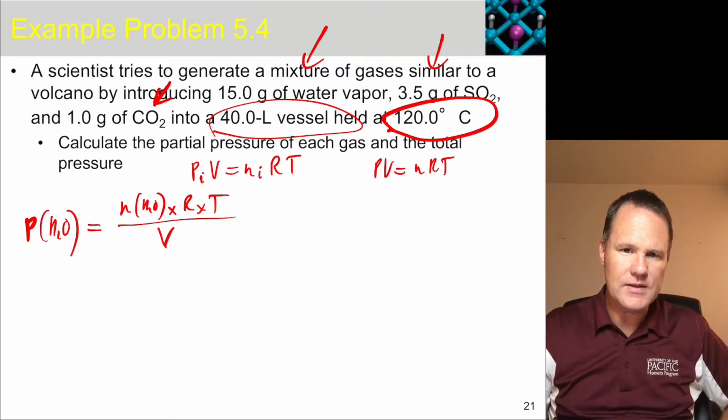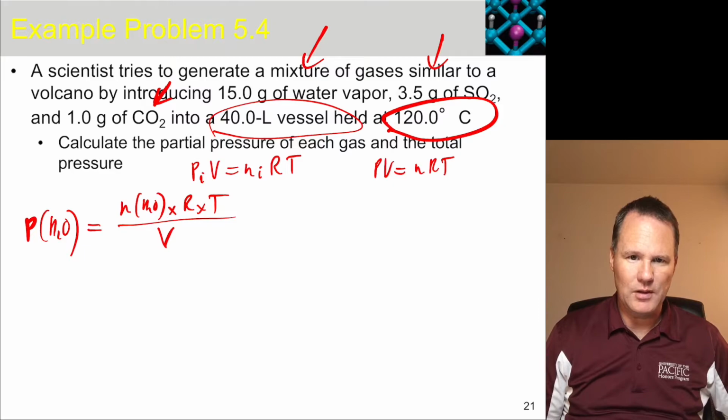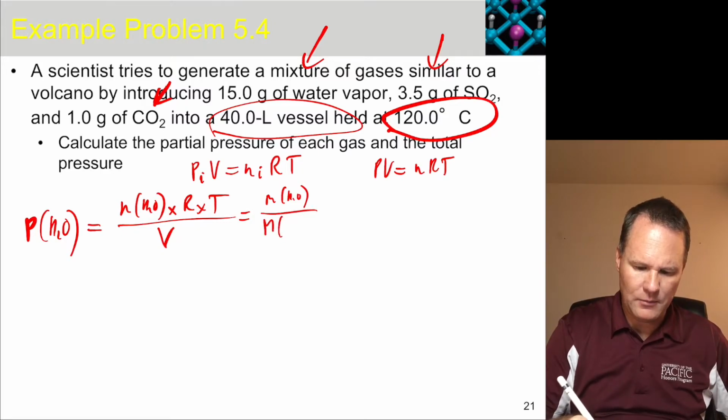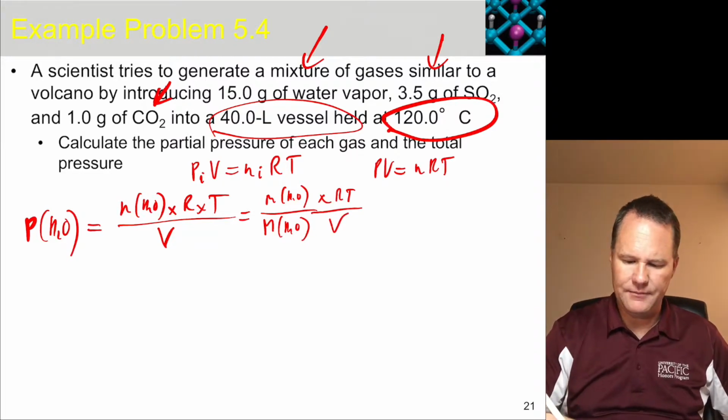And the number of moles, we don't have it, but remember that mass divided by molar mass will give you the moles. So the mass of the water divided by the molar mass of the water times RT divided by V will give us the pressure.